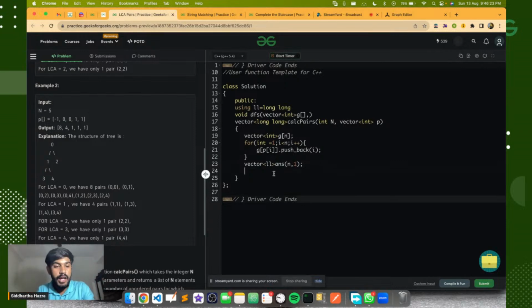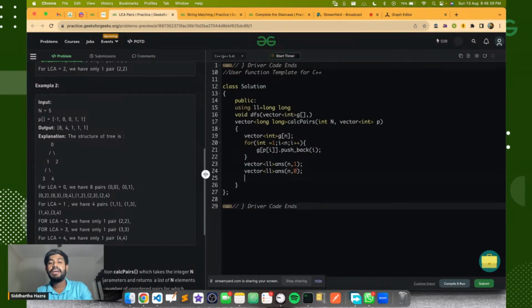Okay, now we have something like vector of long of answer of size n, and this would be initialized to 0 initially. This would be the subtree size basically. Okay, subtree size. So initially the subtree size of everyone is 0.